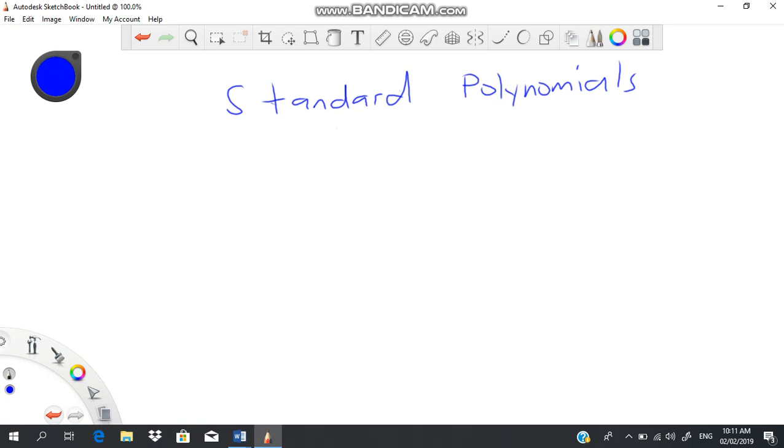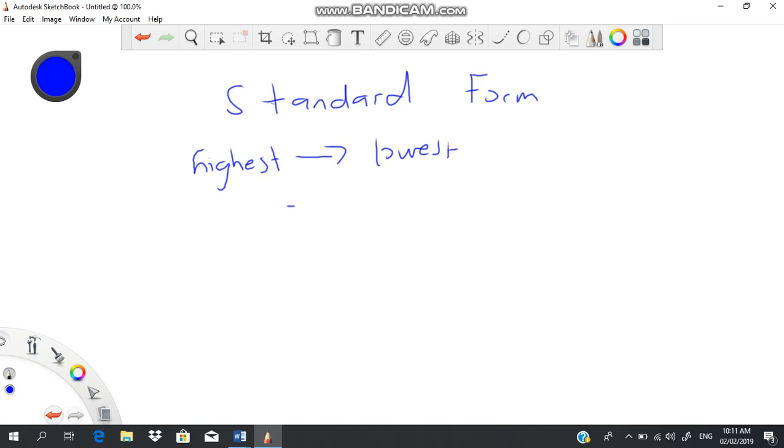Now, this is how you do the standard form. The standard form is just arranging from the highest degree to the lowest degree and in alphabetical order.